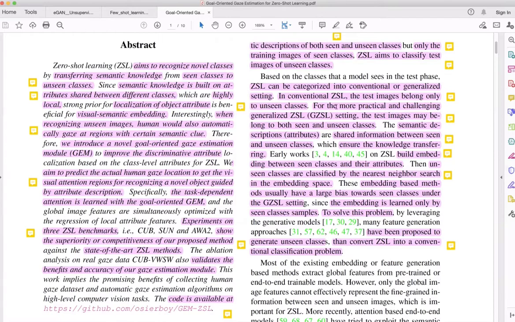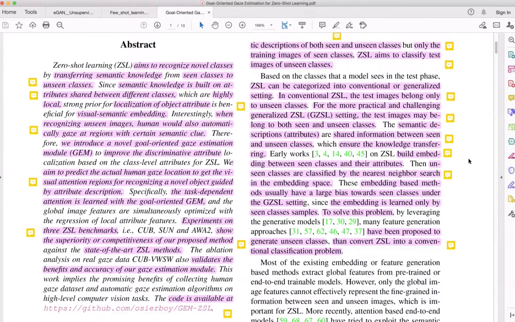But for the more practical and challenging generalized ZSL, the test images may belong to both seen and unseen classes. So in that scenario, you could have the test images belong to both the same classes that are used during training or the unseen classes.